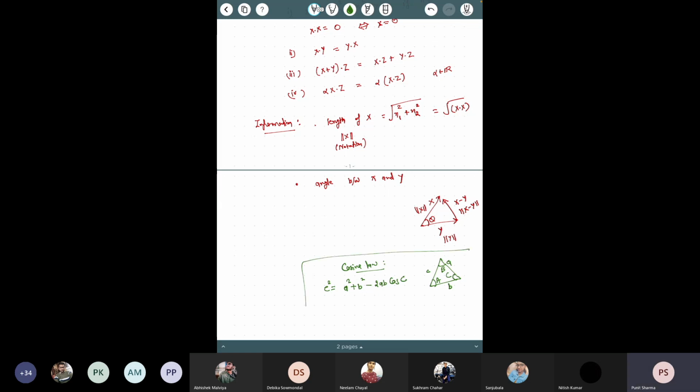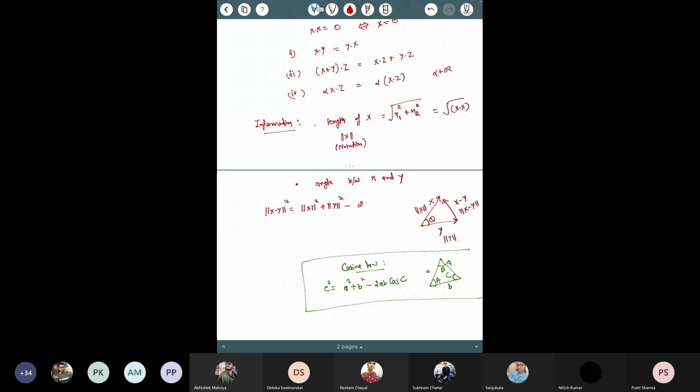Now, if I apply this law for this triangle, with sides length of x, length of y, then we get the length of x minus y squared equal to length of x squared plus length of y squared minus 2 times length of x, length of y, cos theta, where theta is the angle between x and y.